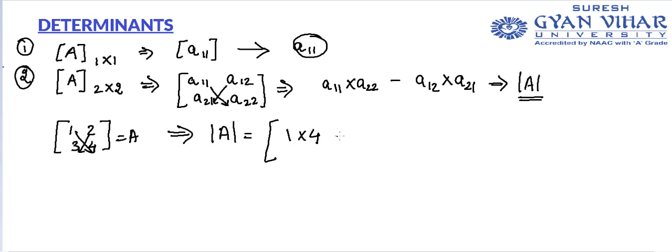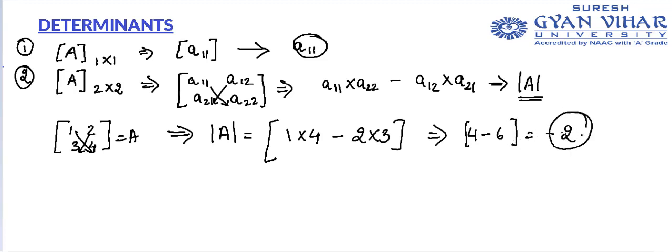So it is 1 cross 4 minus 2 into 3, right? So it will give you 4 minus 6. So the answer will be minus 2. So minus 2 will be the determinant of matrix A, right? For 2 cross 2.